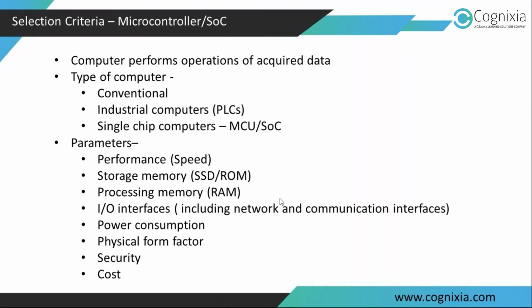So most of the SoCs and MCUs will have Bluetooth and Wi-Fi communication capabilities available on chip, right? So when you go for SoCs, this is the benefit, right? SoC will have on-chip I/O interfaces, so that would help you build a compact product with a physical form factor that would be smaller compared to when you go for microcontroller or microprocessor based solutions.